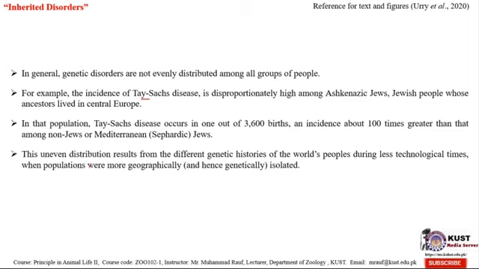So this uneven distribution results from the different genetic histories of the world people during less technological times, when populations were more geographically isolated and there were incidents of inbreeding, which resulted in the showing up of the recessive alleles in homozygous form.